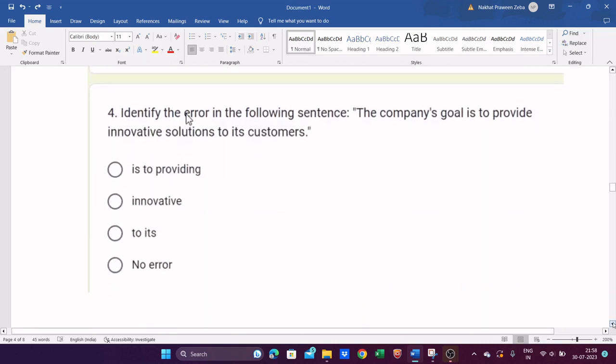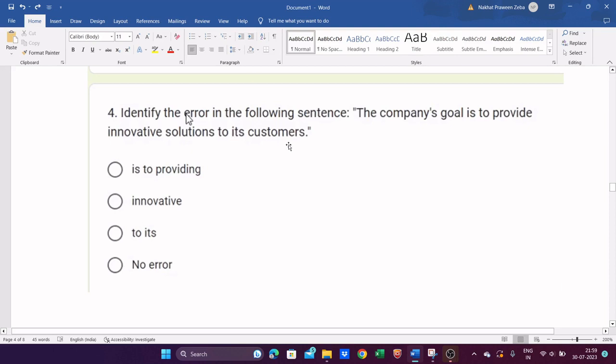Question number 4 is, identify the error in the following sentence. The sentence is, the company's goal is to provide innovative solutions to its customers. Now focus here on the words. It seems a correct sentence, but I think here there should be an apostrophe.